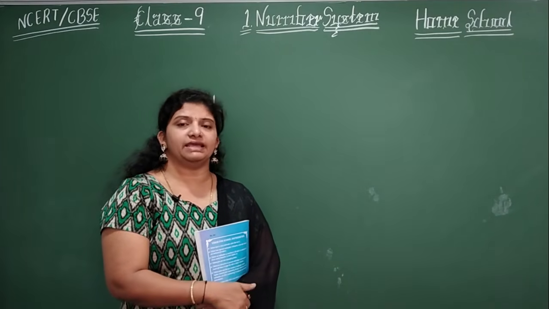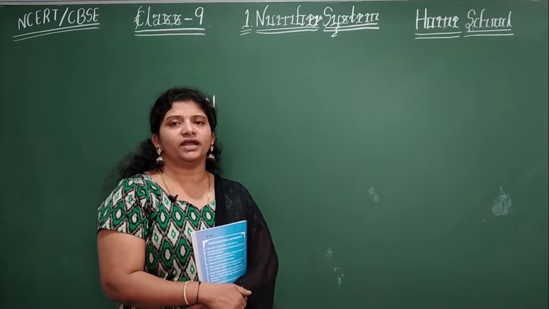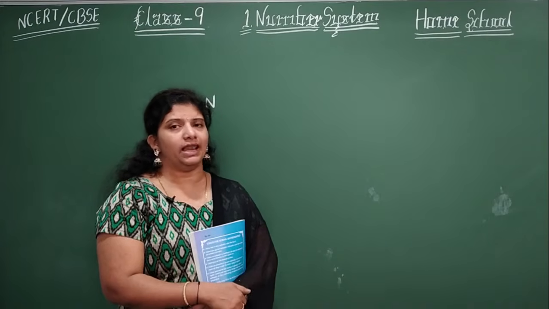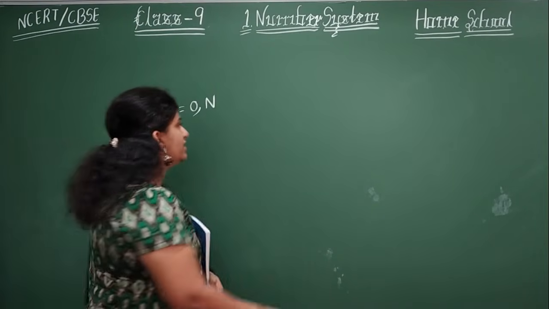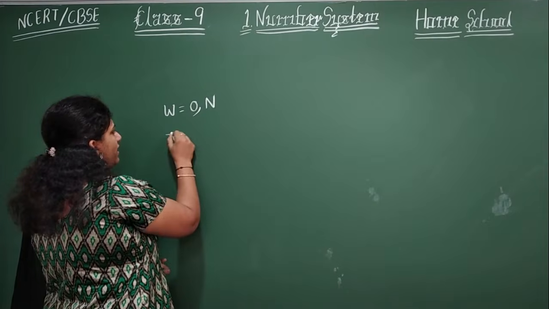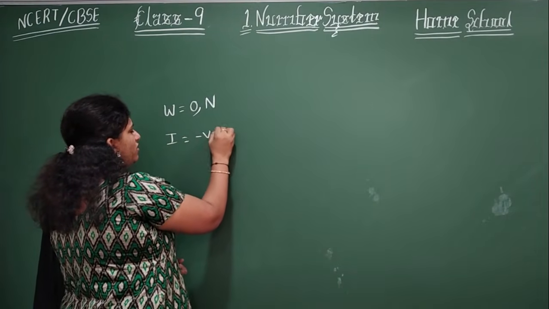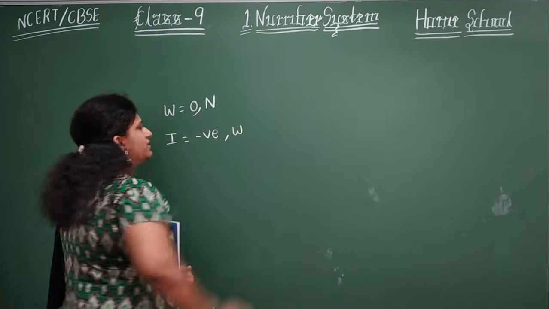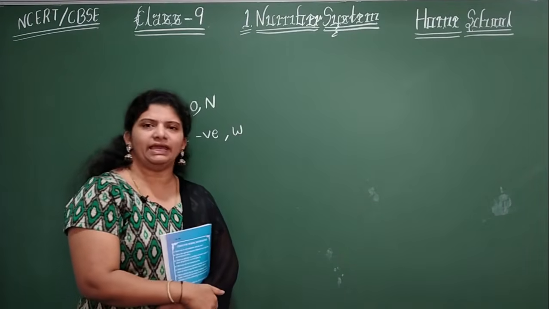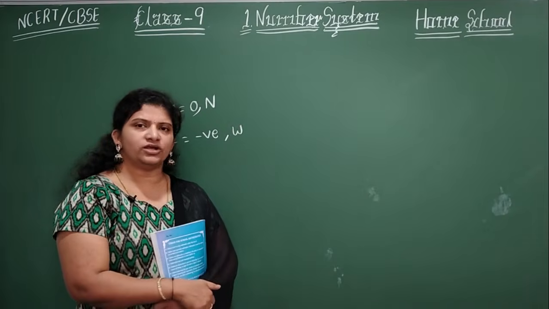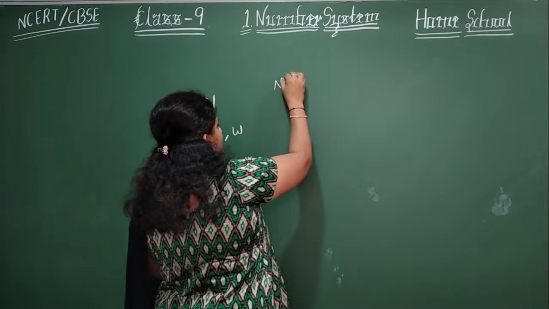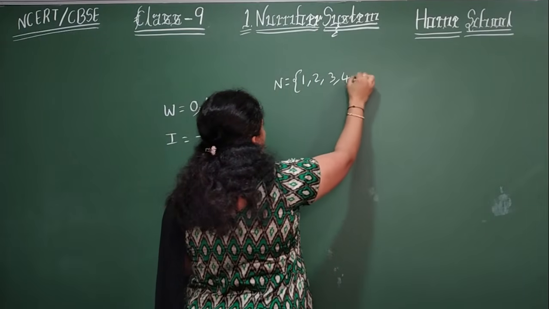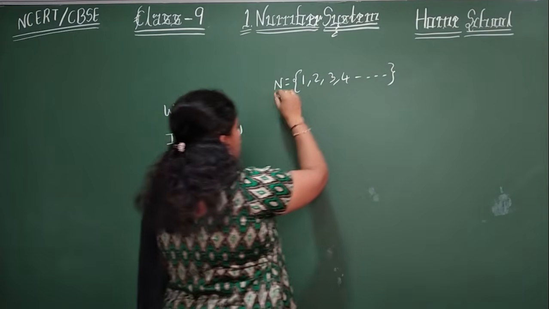Next numbers, integers. What are integers here? All the negative numbers along with the whole numbers. Along with the whole numbers and also negative numbers, we call them the integers. Natural numbers, I repeat, are the set we use to represent 1, 2, 3, 4, and so on.